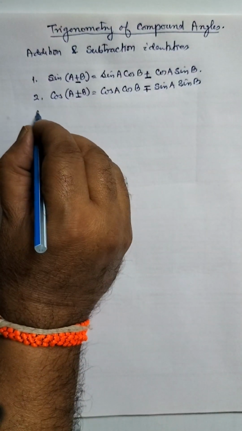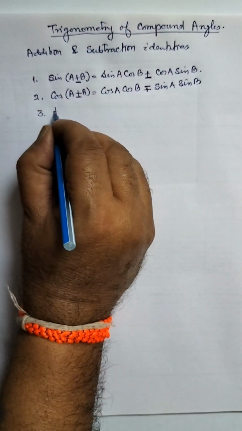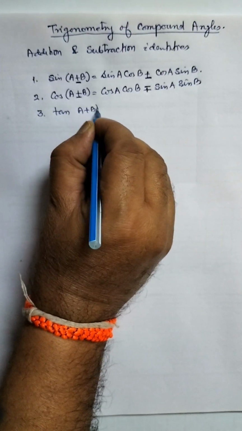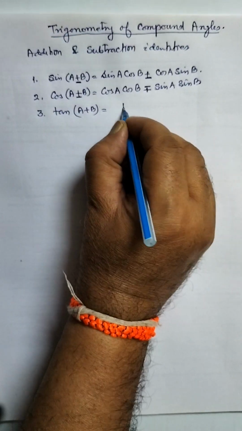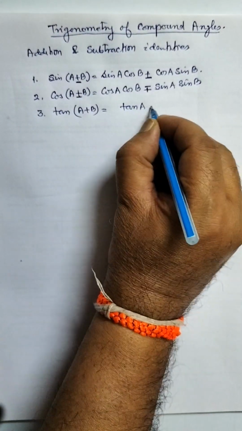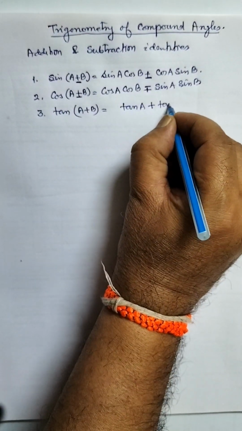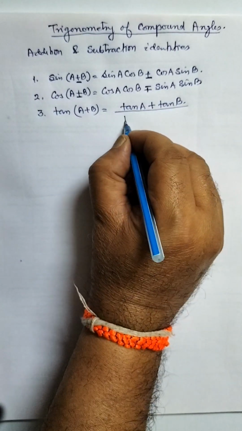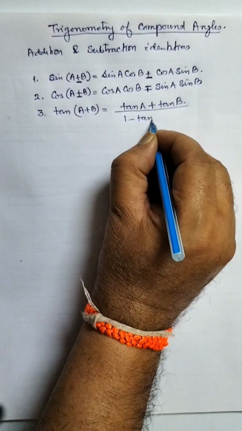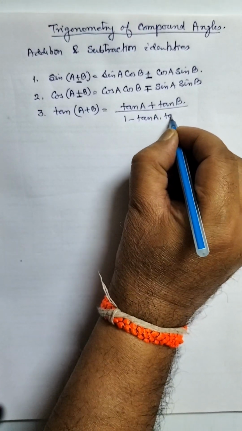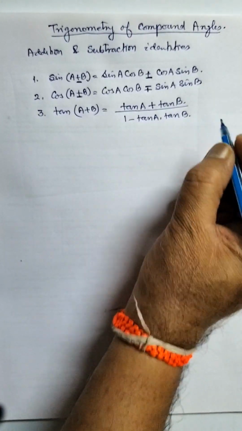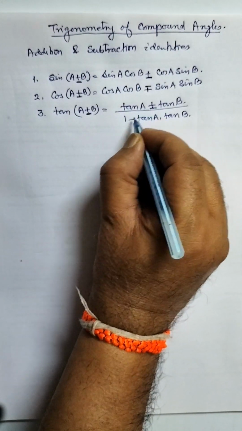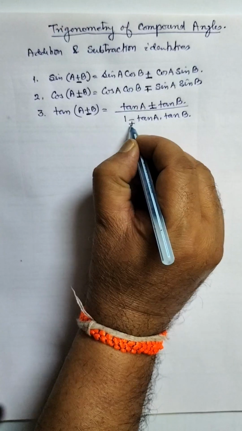The third one is for tan. Tan A plus B is tan A plus tan B upon 1 minus tan A times tan B. And in case of minus, this will become minus and this will become plus.